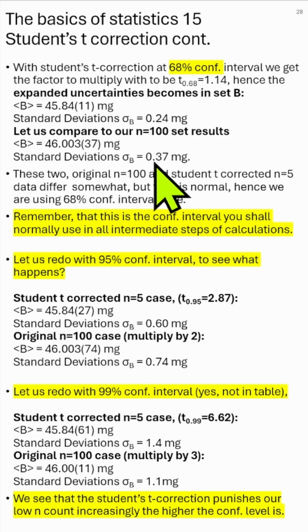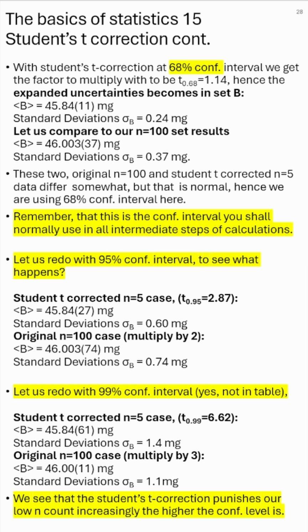For the N equals 100 sample, we see that we have 0.37 milligram standard deviation in the N equals 100 coin set. But in the 5 sample coin set, the standard deviation was 0.24 milligram. So what's going on there?